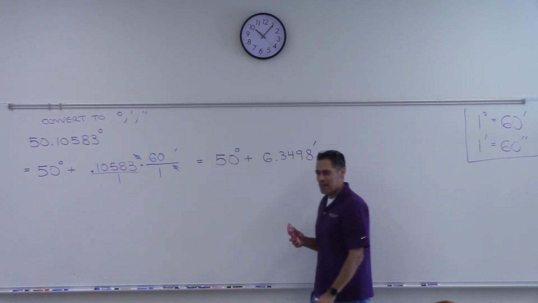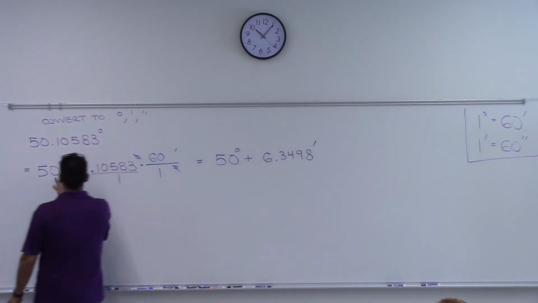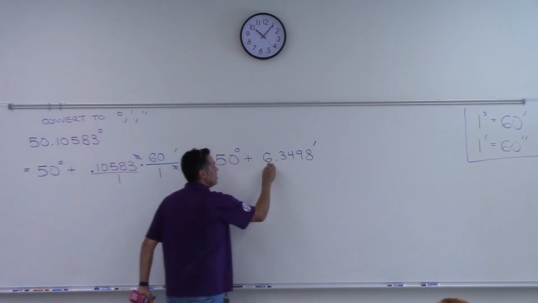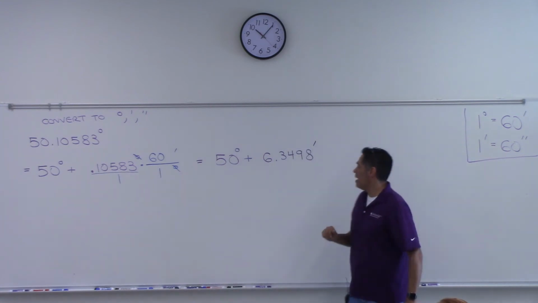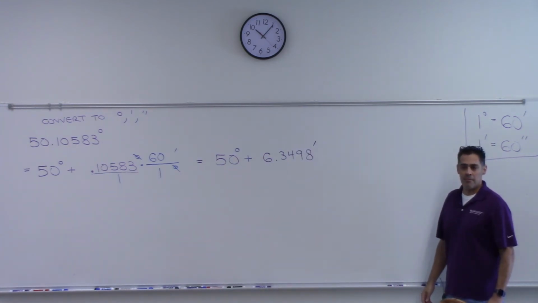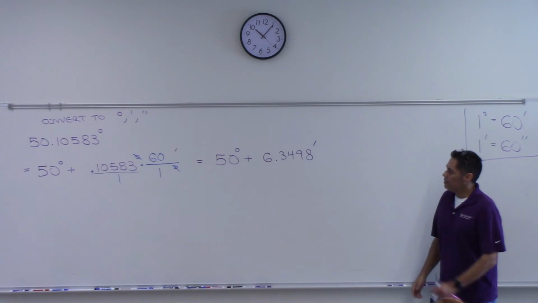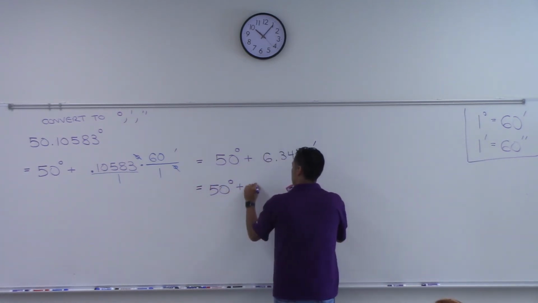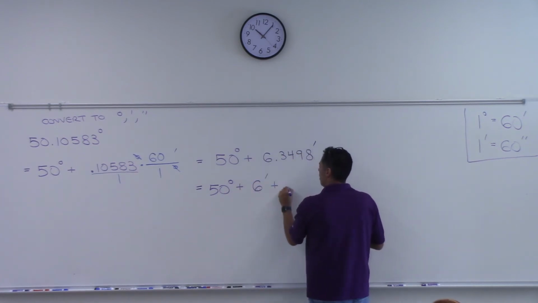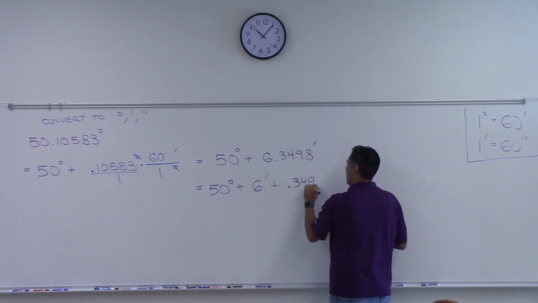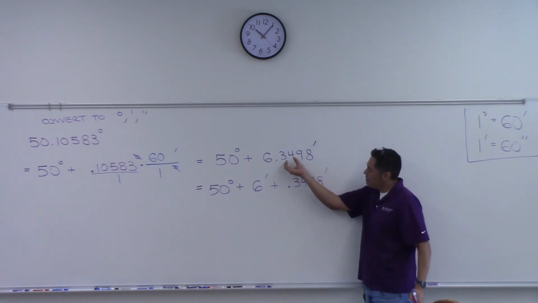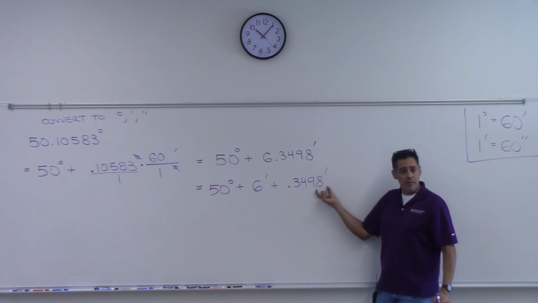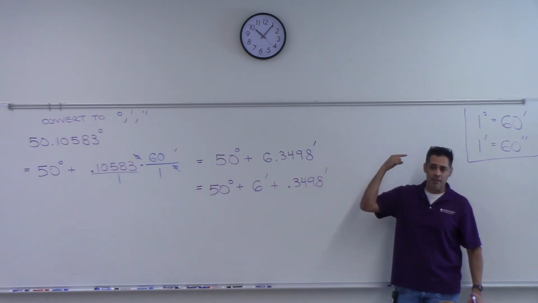Minutes, right? So 50 degrees plus this many degrees is the same as 50 degrees plus 6.3498 minutes, right? So next line will be this. 50 degrees plus, this is 6 minutes plus 0.3498 minutes. So again, I'm splitting this up into two pieces so that now I can use the conversion factor on this piece and get that to seconds.